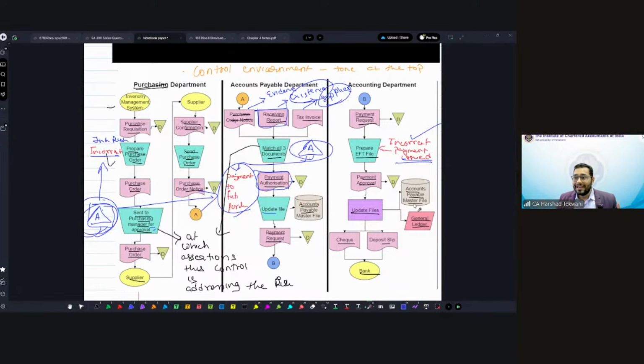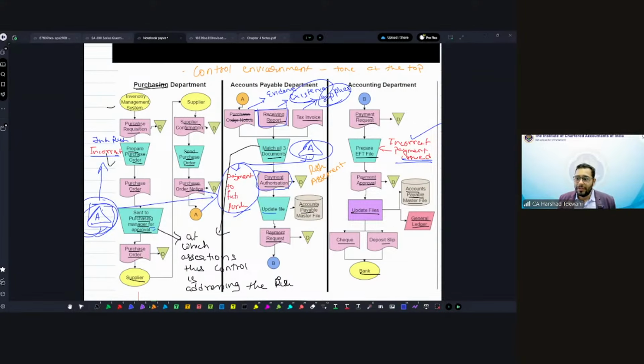So the entity's risk assessment process is something embedded in your control. Because of that, you have this control at this particular place. This is known as the risk assessment process. Risk assessment is your second component. Management doesn't want to pay fraudulent invoices.